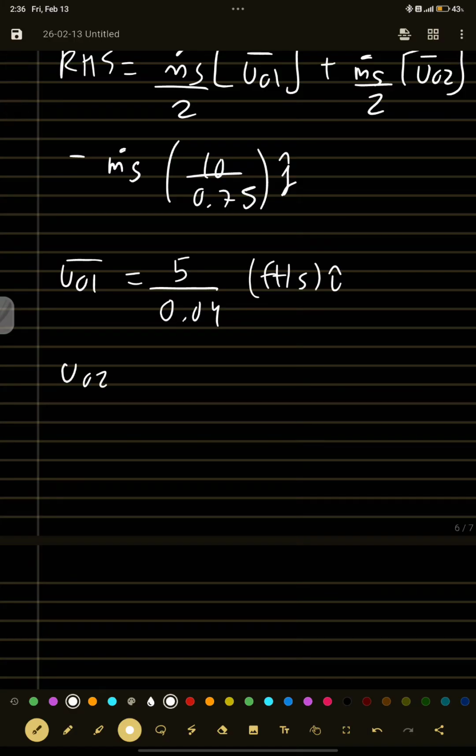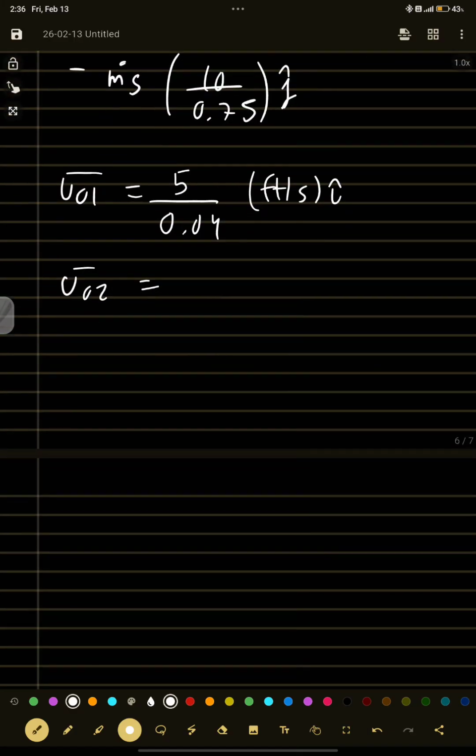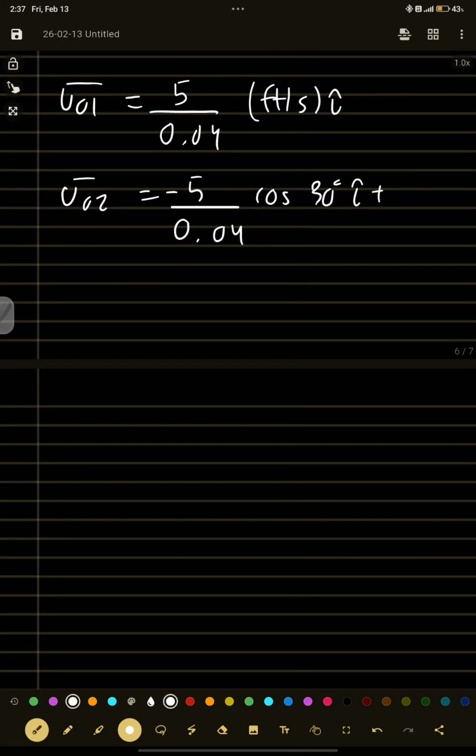So you have 5 by 0.04 cos 30 minus i cap plus 5... this is also in feet square.